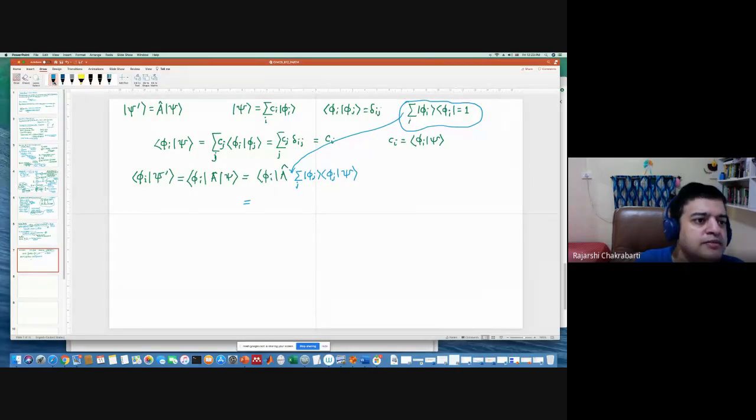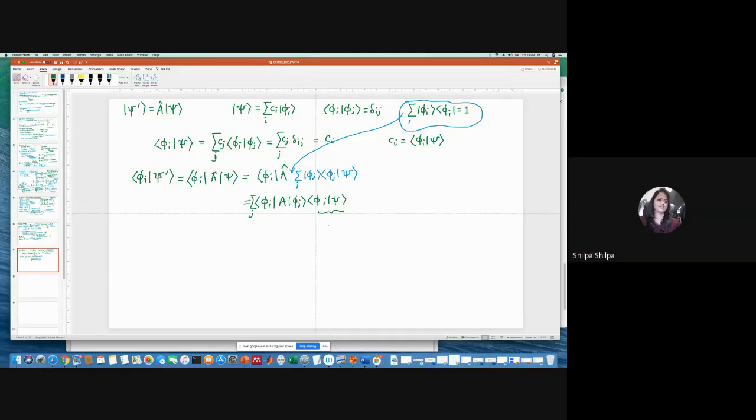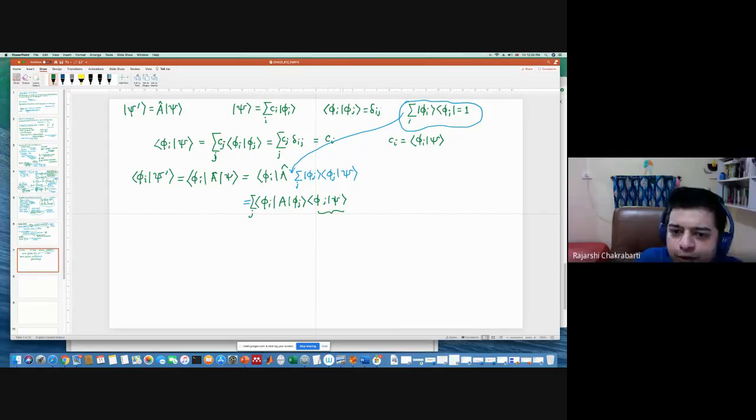This quantity is equal to phi i A phi j, and I put the sum over j, phi j into psi. What is phi j into psi? Not into, like phi j psi scalar product. What is this? Phi i psi is ci. So phi j psi is cj.